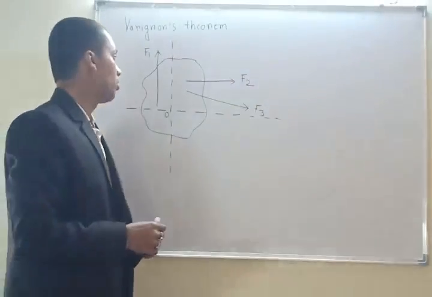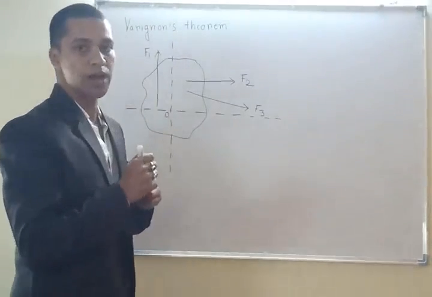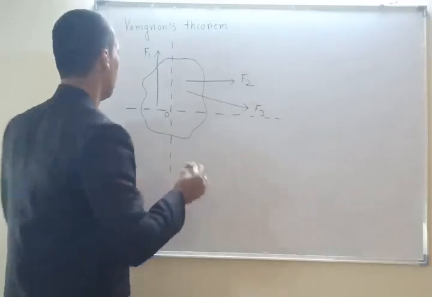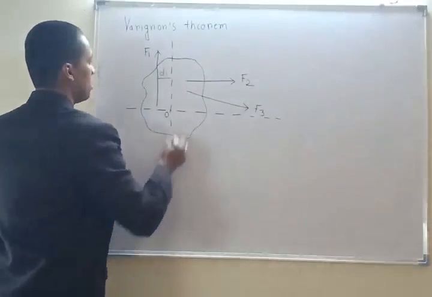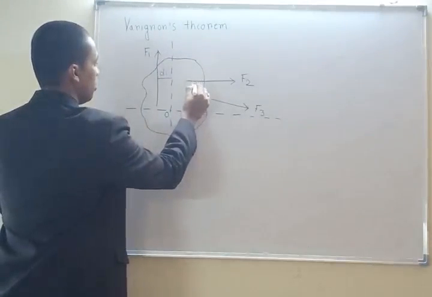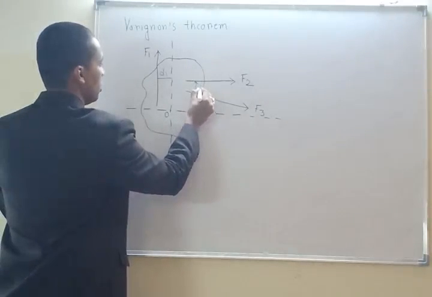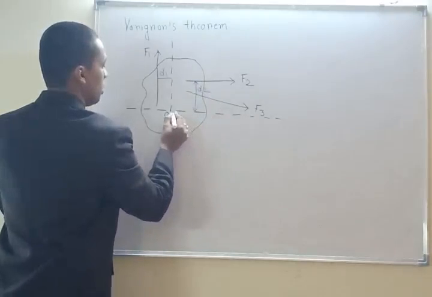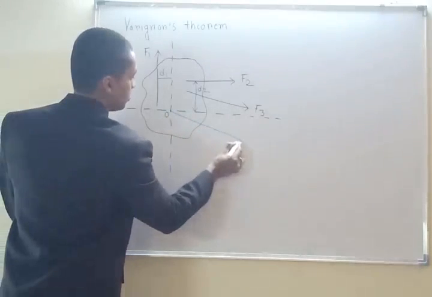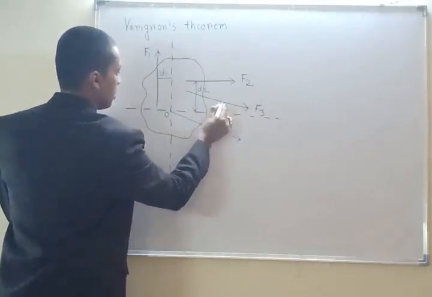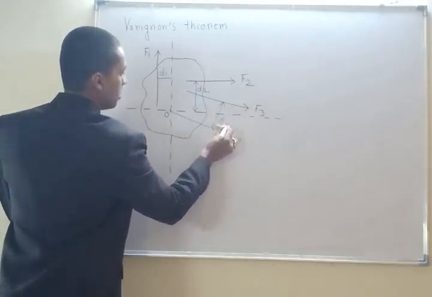We can convert these forces like this. See, first one, we need to find the perpendicular distance. Okay, see, this one is D1. This distance is suppose D2, and I am putting this force in here, and this distance is D3.